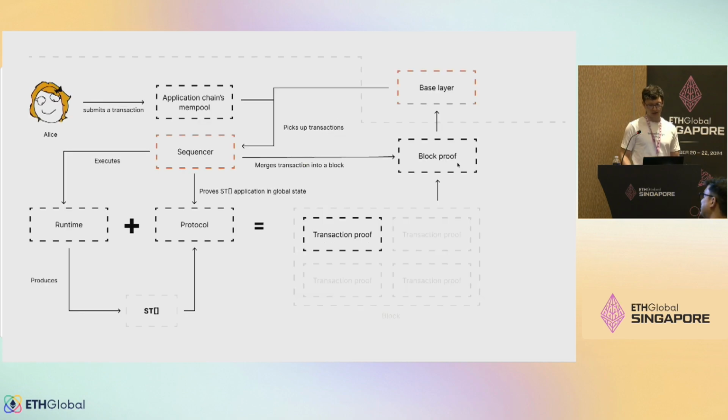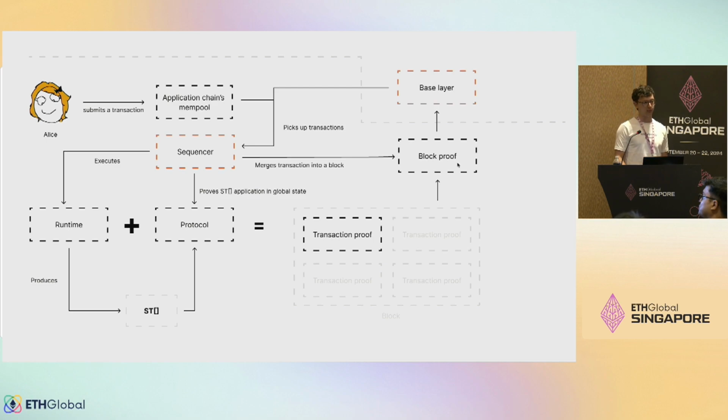So let's look at a more graphical workflow. For example, we have Alice here. She submits a transaction to the application exchange's mempool. When a block gets created, the sequencer picks up those transactions and executes them. This is the part where we split it. The first is it executes the runtime, which means your application's code. Everything will be executed and it produces state transitions.